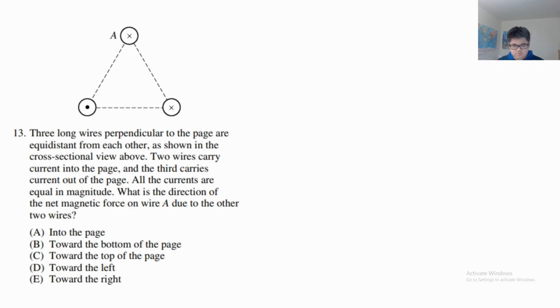Basically, for the right-hand rule, you need to know the magnetic field that passes through wire A. Whenever there's a current flowing through a wire, you point the thumb of your right hand in the direction of the current, and the direction with which your fingers curl is the direction of the magnetic field.